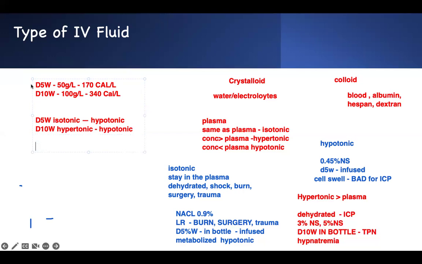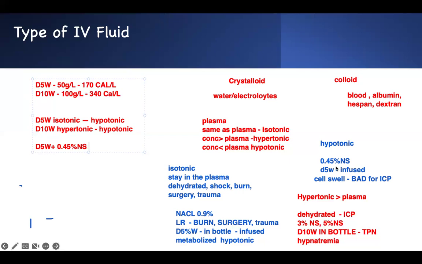So if I tell you D5W plus half normal saline, remember, half normal is 0.45% normal saline. D5W is isotonic, and 0.45 is hypotonic.